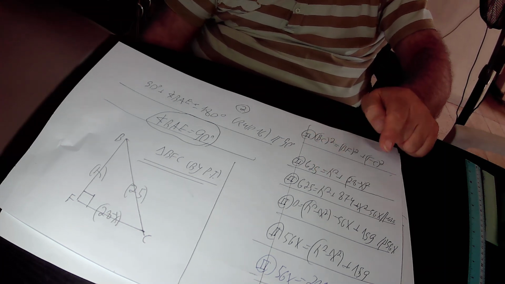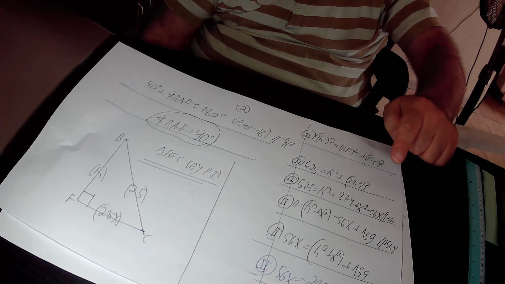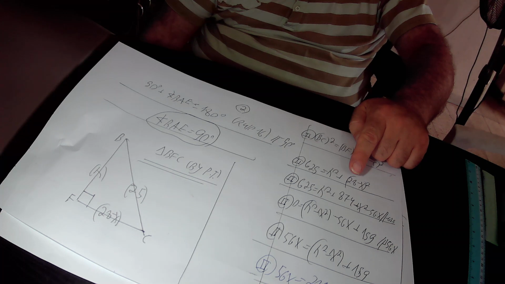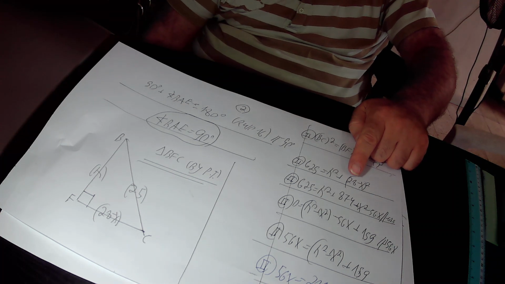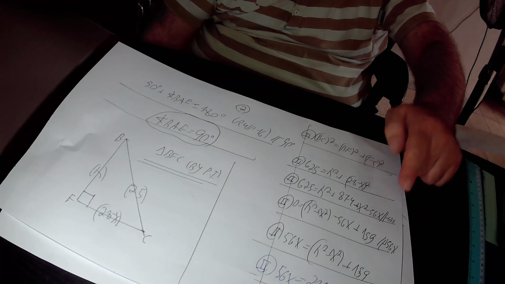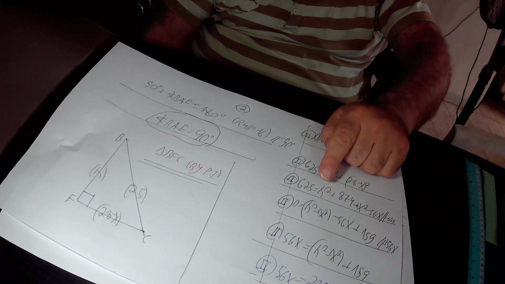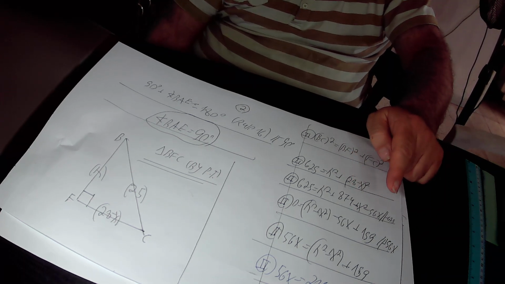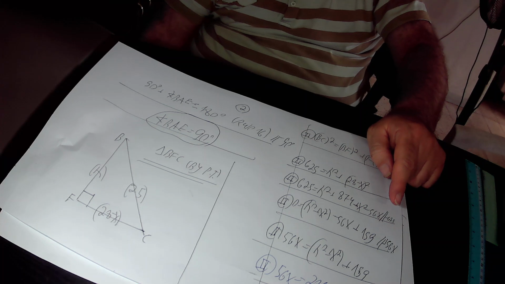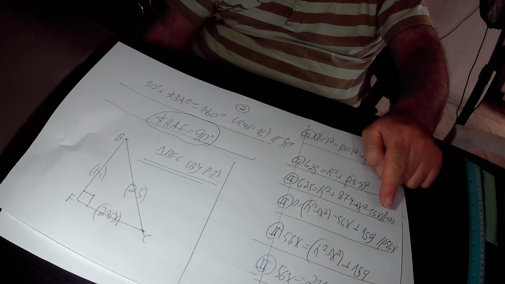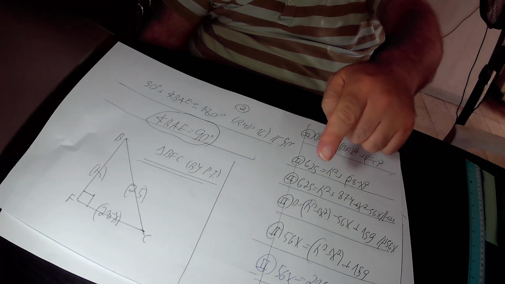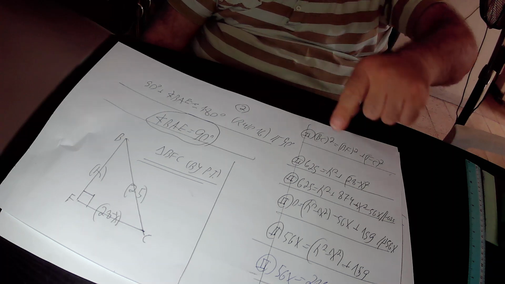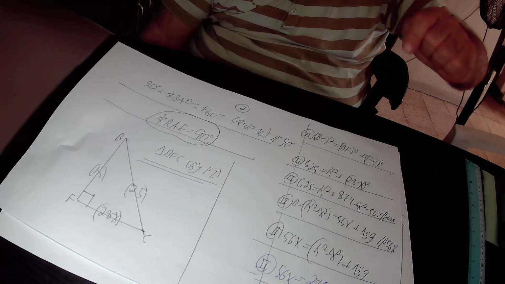On the other side we have h squared plus x squared minus 56x, and 784 minus 625 is equal to 159. So in total 0 equals h squared plus x squared minus 56x plus 159. Here we added 56x to equation 2, so 56x equals h squared plus x squared plus 159.